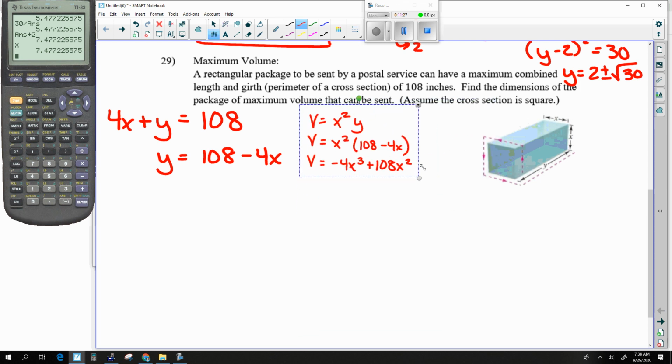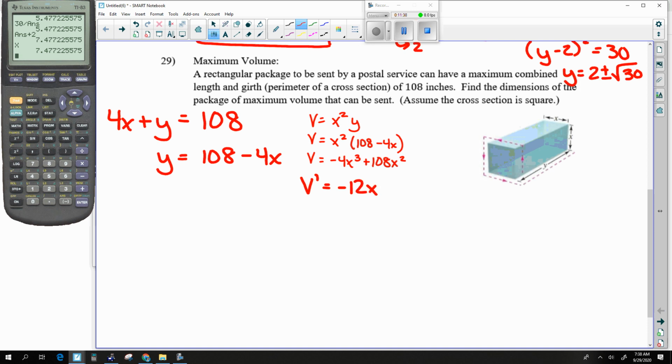Now let's take the derivative of that and see if we can maximize this volume. The derivative of volume is going to be negative 12x squared plus 216x. So that's the derivative. I'm assuming that I can take a 12 out of that.